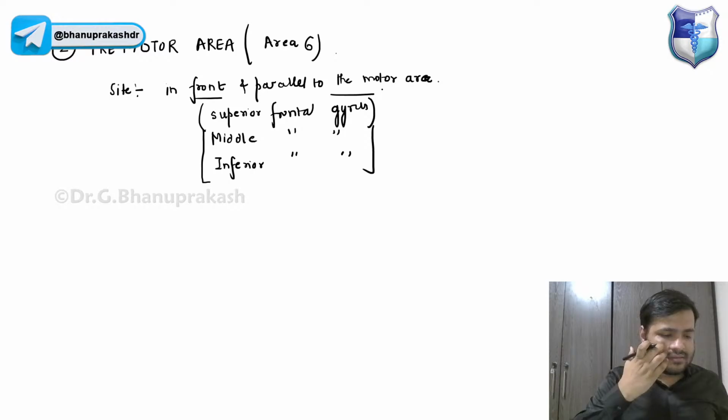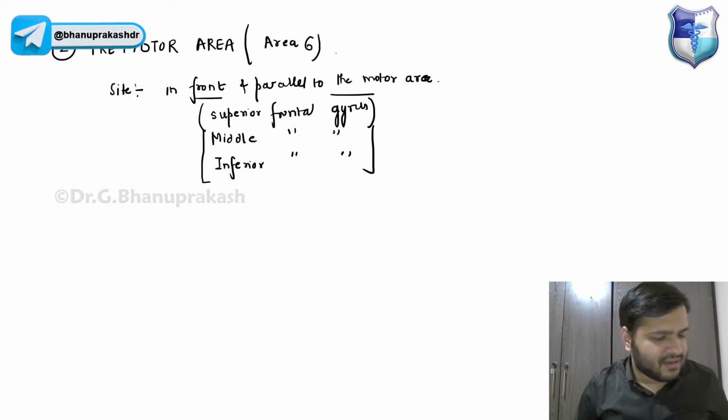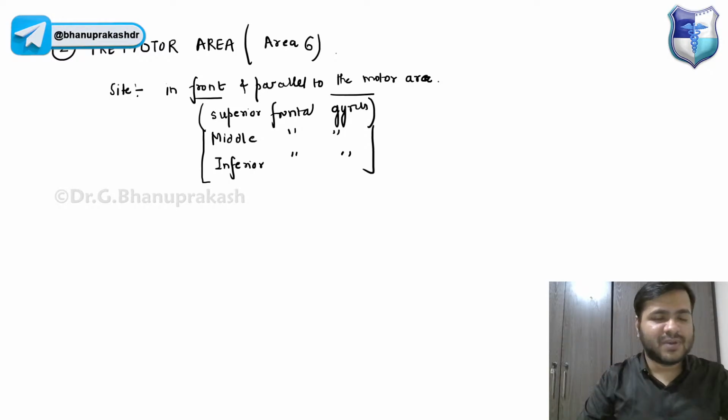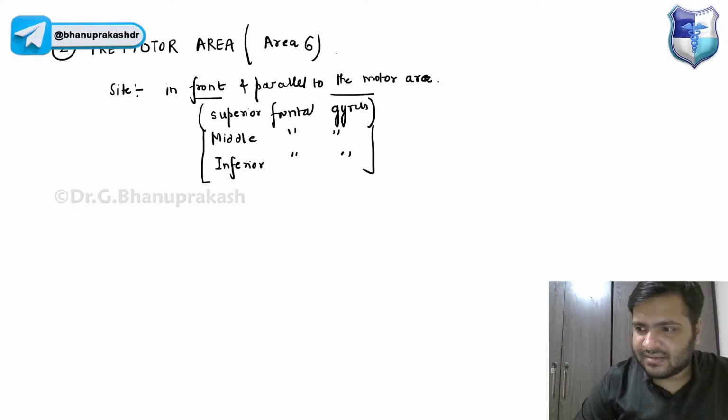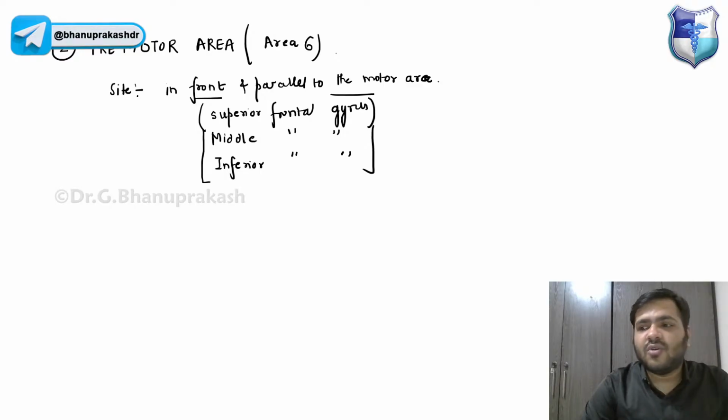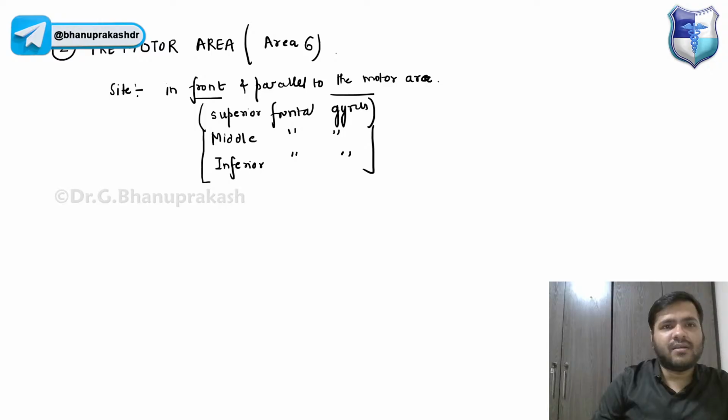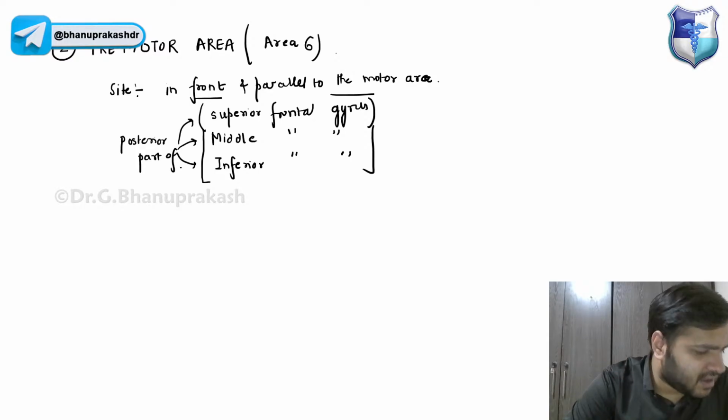Motor area के just सामने है, like parallel है. So that is the premotor area or the area 6. So it is basically situated in all the three frontal gyri, right? If you want to remember, it is not the entire part, it is the posterior part of the superior frontal gyrus, the middle frontal gyrus, and the inferior frontal gyrus, right?